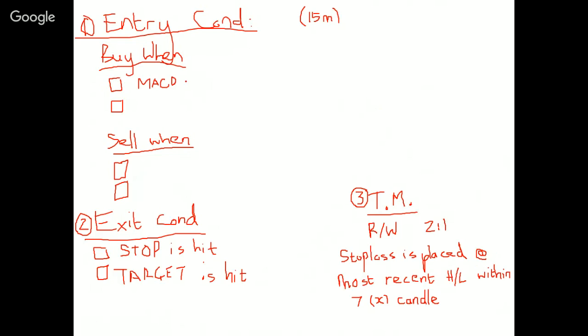So MACD histogram is above naught line. Done.